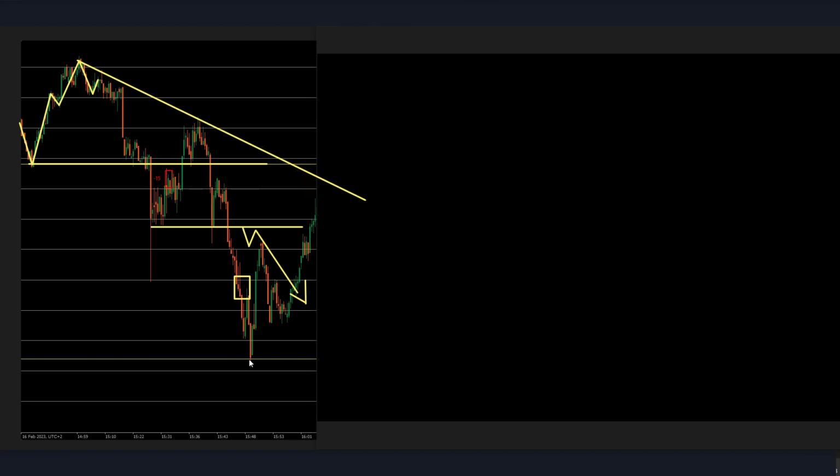Price is bouncing back from these lows, so I would say this is a loss, but it's minus 15 or break even.